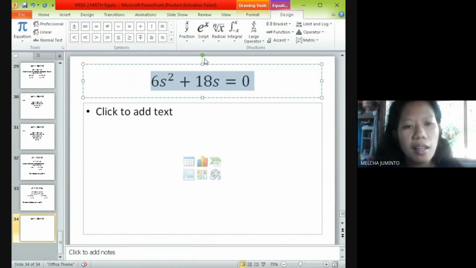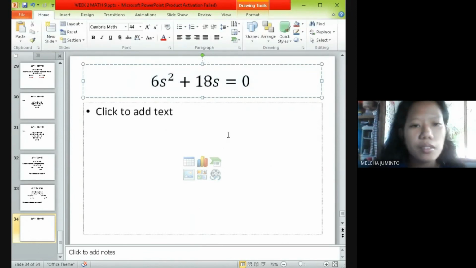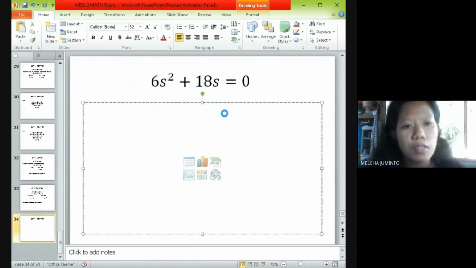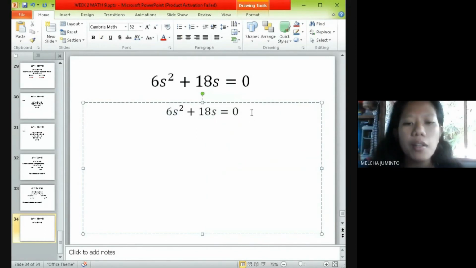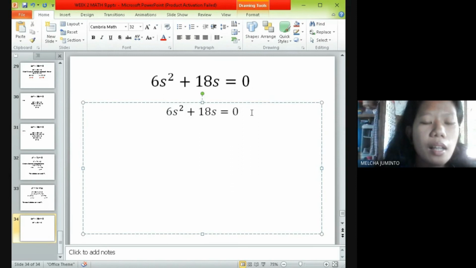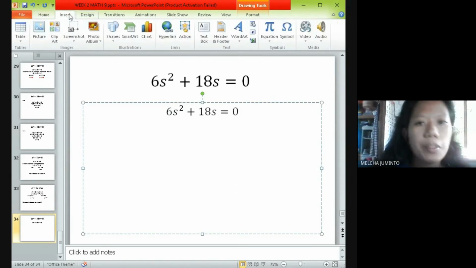So, factoring din ang i-apply. Factoring greatest common monomial factor ito. Ang una mong gagawin, think of a number na common sa 6 tapos sa 18. Ano ang GCF ng 6 tapos 18? Syempre 6.